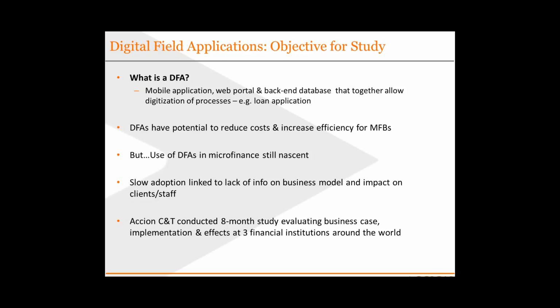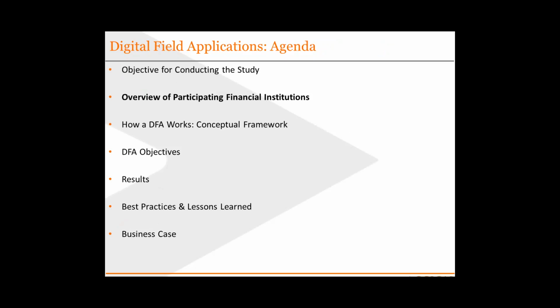So we opened up the market to a broader search and worked with 3 institutions over 8 months to chart the implementation process and evaluate the results. And a big objective of the study was just to provide some evidence and some numbers behind whether this makes sense for institutions.